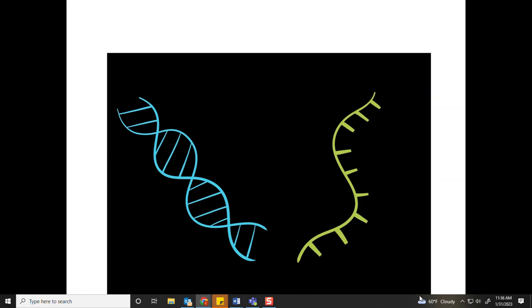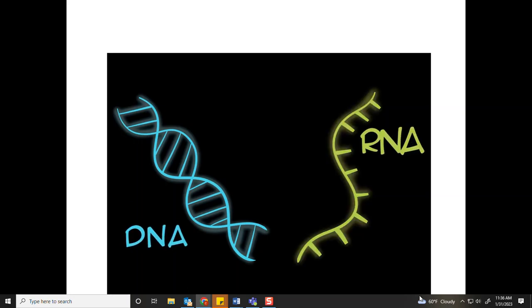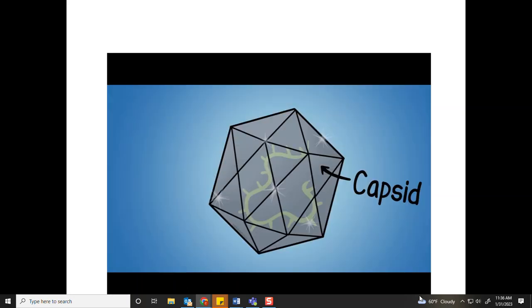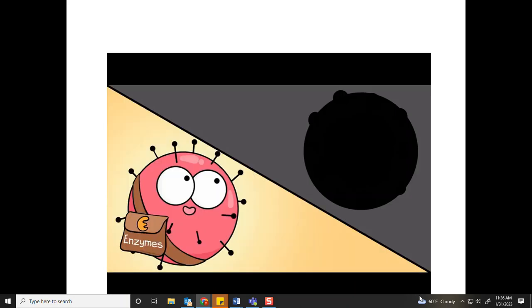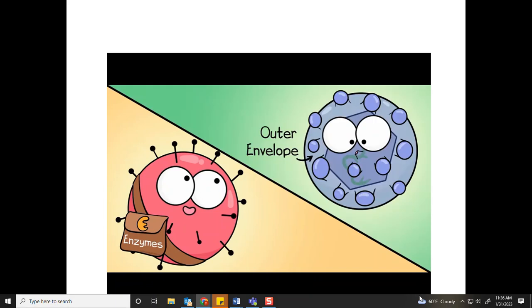One thing all viruses have in common is that they have some type of genetic material. This genetic material can be in the form of DNA or RNA. Viruses usually have some kind of protein coat, also known as a capsid. The capsid can protect the DNA or RNA genetic material. Viruses can also have other structures. Some viruses package special enzymes with them. Some viruses have an outer envelope.